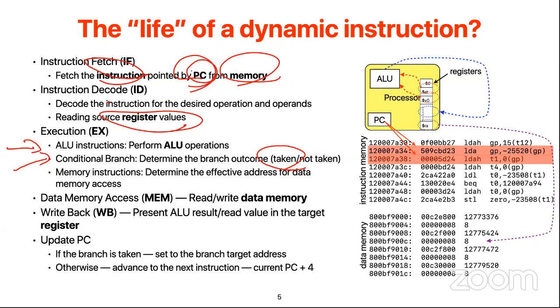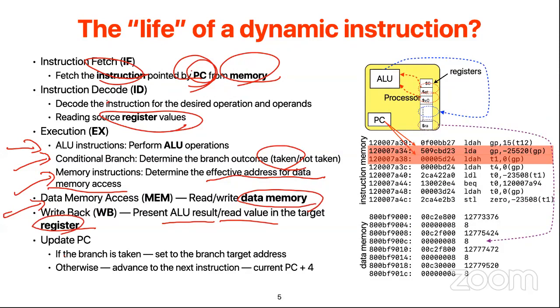And finally, if it's a memory instruction, we still do an ALU computation, but this result will be the effective memory address to access your data memory. Your data memory will use the ALU outcome to perform the access, and depending on whether this is a load or a store, we will perform a read or write accordingly. Finally, there's a write back stage that will put your ALU result or read value in the target register.